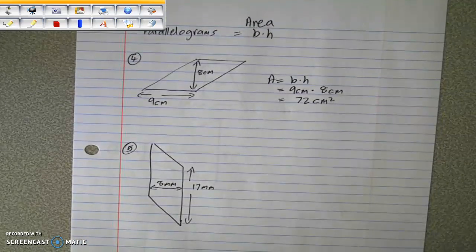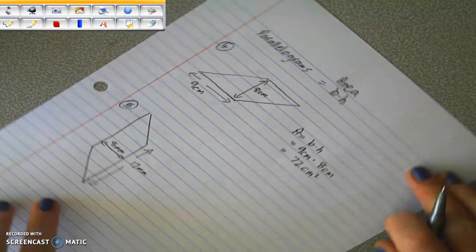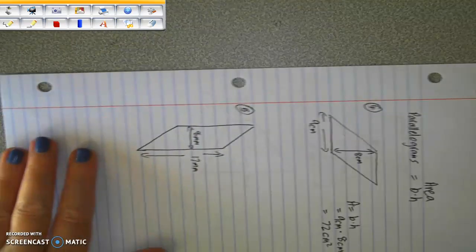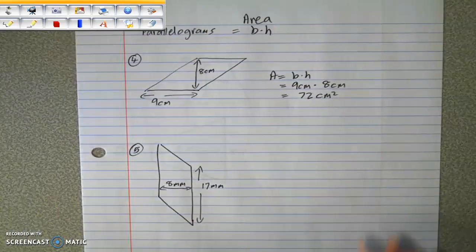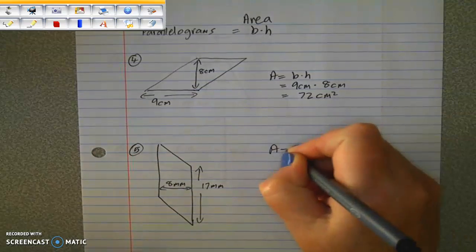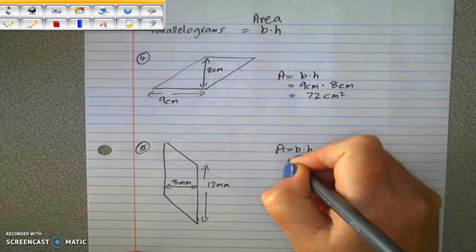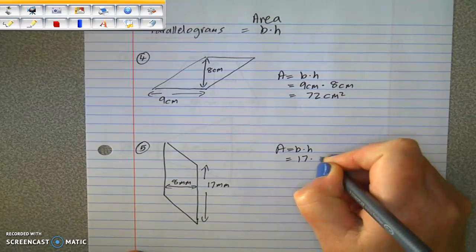Then we have the area of this parallelogram, which has been kind of like stood on its end. You can rotate the paper so that you can see it better for number 5. So the 17 is the base and the 8 is the height. Area is base times height. 17 times 8.